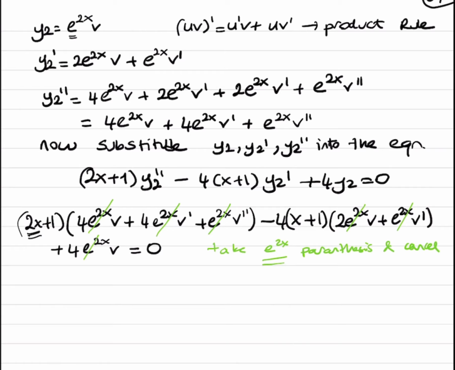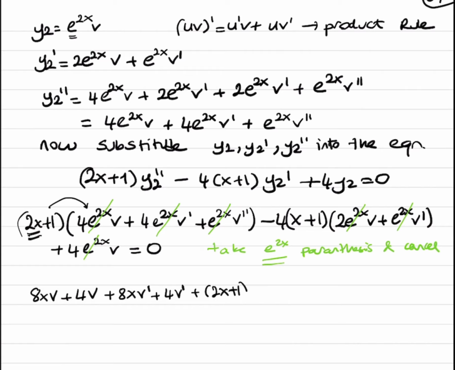Now 2x times 4v, so we have 8xv plus 4v. Okay, now we will multiply, plus 8x v prime plus 4v prime.